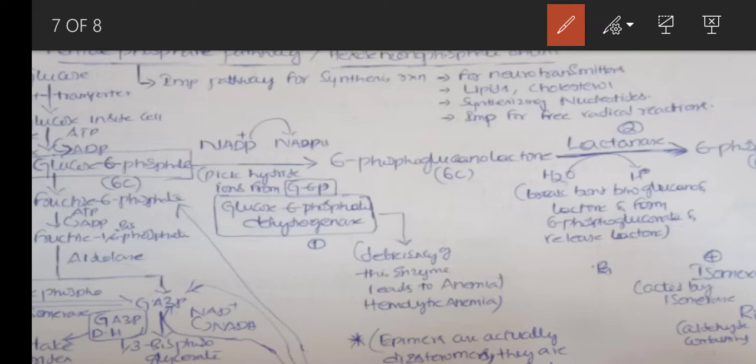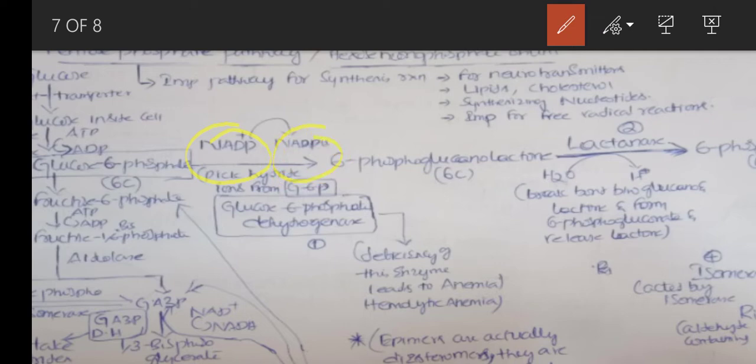We already studied that since it is a dehydrogenase enzyme, it may convert NADP plus to NADPH, or FAD to FADH2. Here in this reaction, NADP plus will be converted to NADPH.